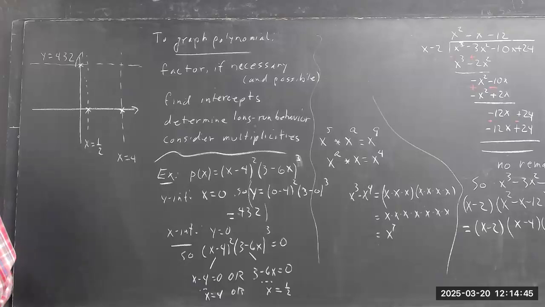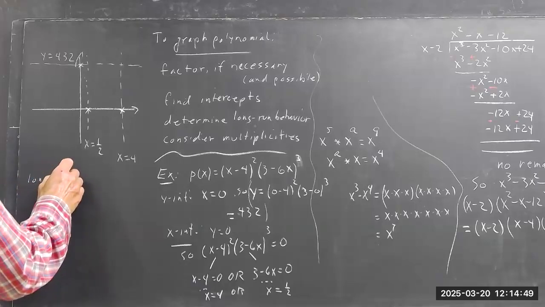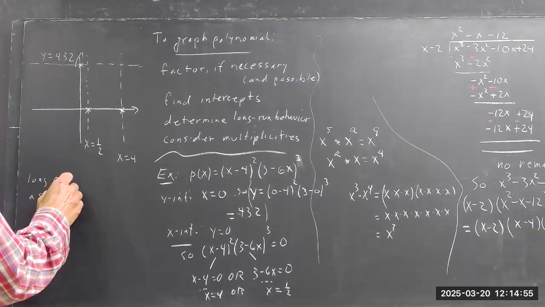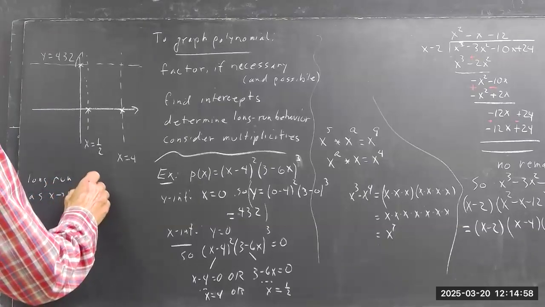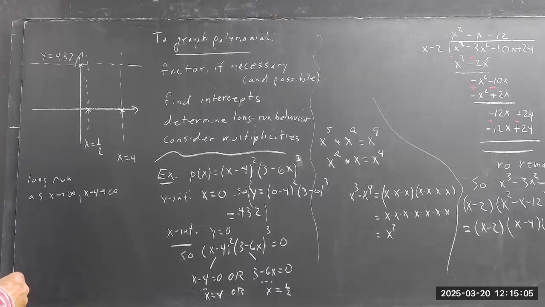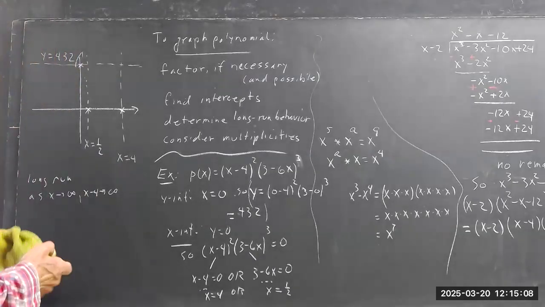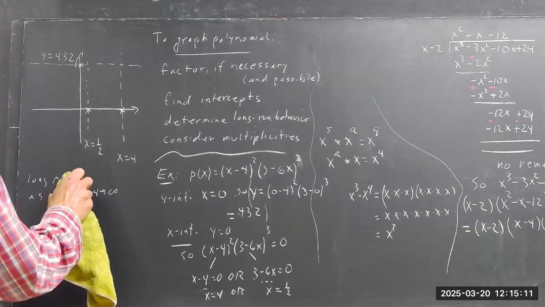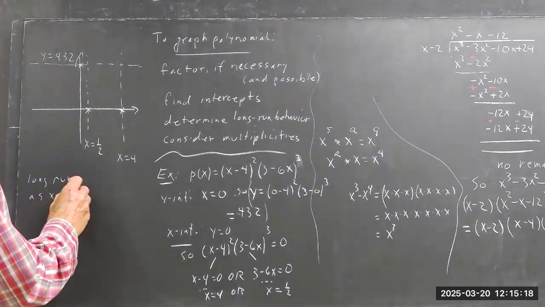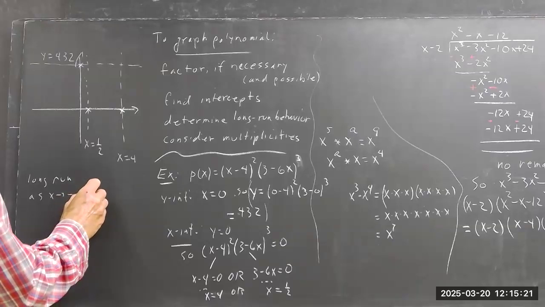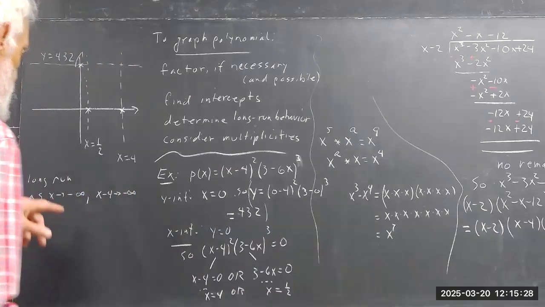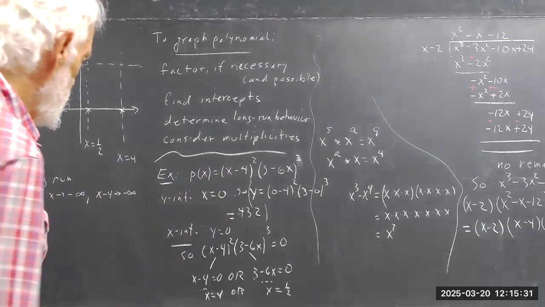Long run, as x goes to negative infinity, x minus 4 goes to negative infinity.